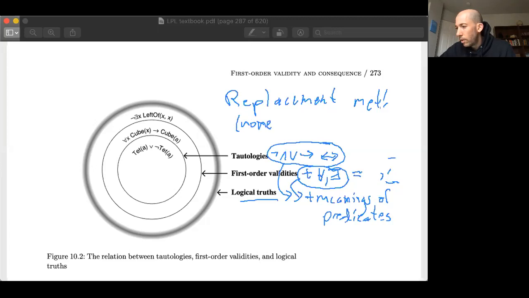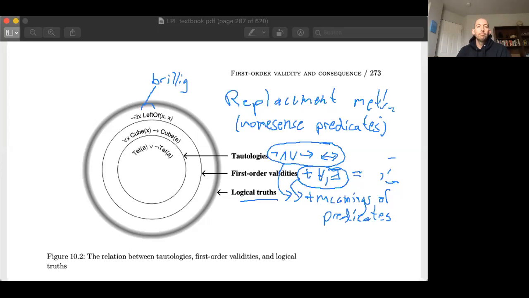So we insert nonsense predicates. If I replace left of with something like brillig, it's not the case that there exists an x such that x is brillig of x.